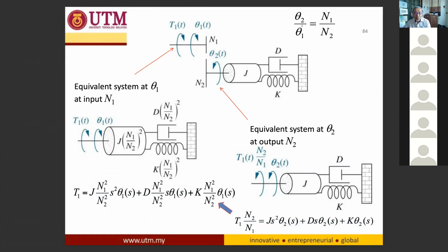So we are using the standard formula here, theta 2 over theta 1 equal to N1 over N2. Each gear system of N1 and N2 has its own equivalent system: theta 2 and N2, theta 1 and N1.